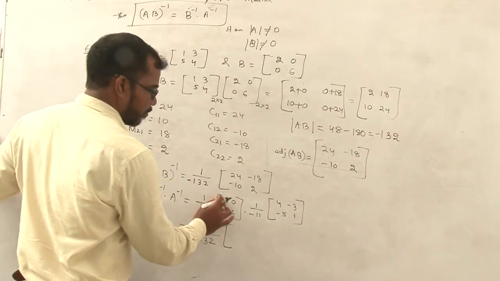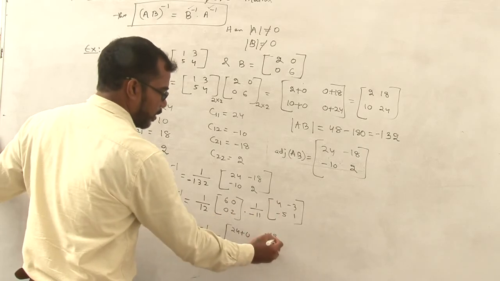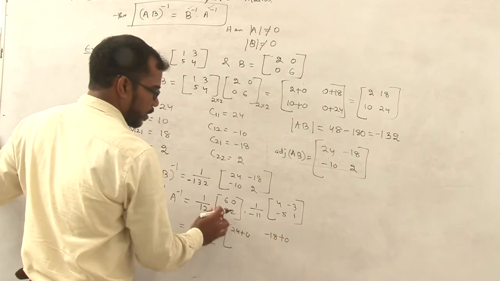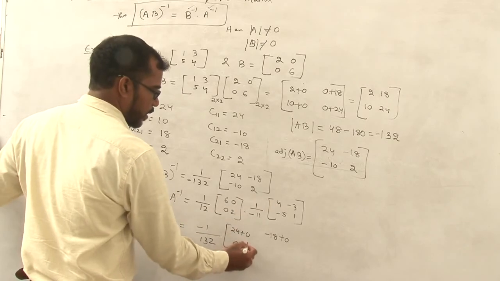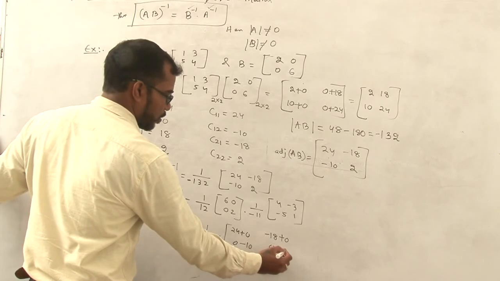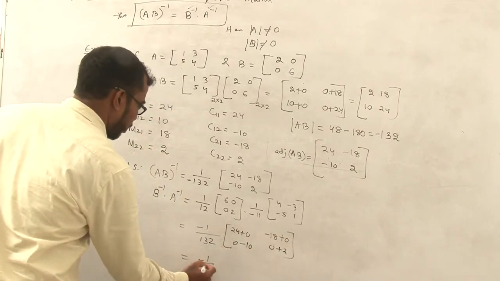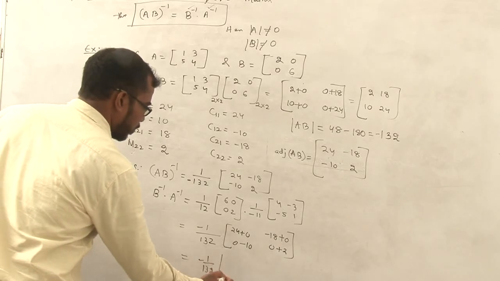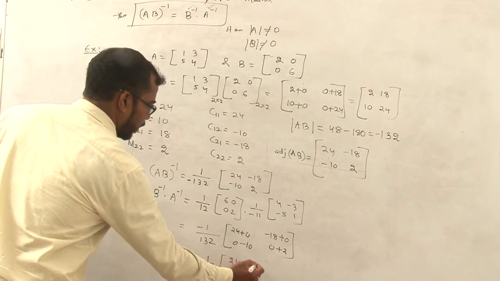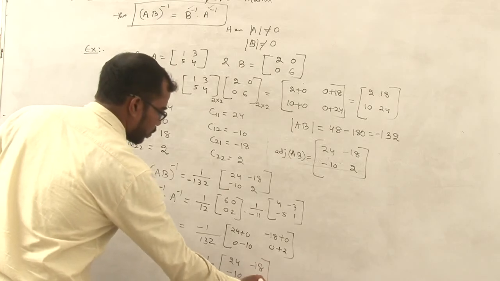So you can write 6 into 4, 24 plus 0, minus 18 plus 0, 0 plus minus 10, 0 plus 2. Okay, so minus 1 by 132, that is equal to 24, minus 18, minus 10 and 2.